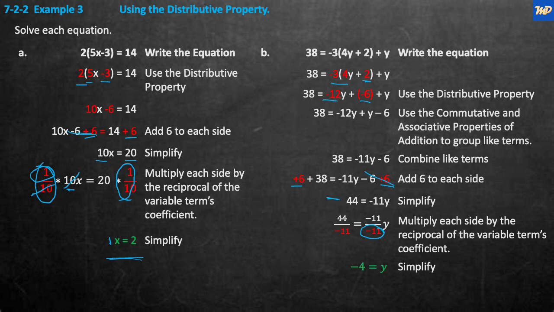So now both sides are divided by minus 11. So 44 divided by minus 11 is equal to minus 4. 44 divided by 11 is 4, and a positive divided by a negative is negative. And then the minus 11 over the minus 11 cancels, and you end up left with just a positive y. So minus 4 is equal to y.